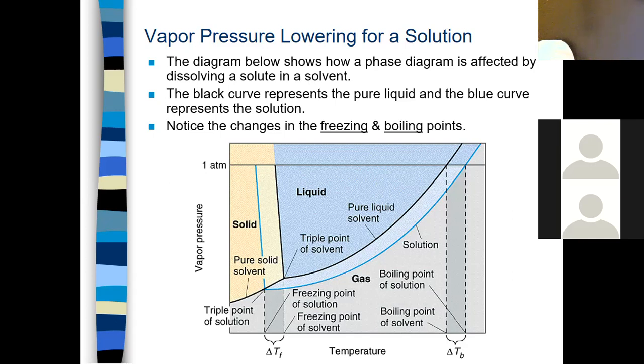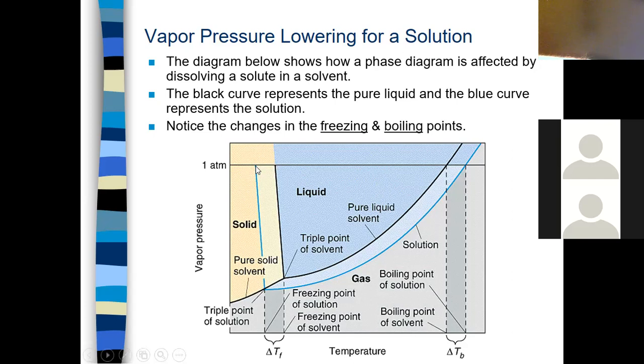Why is that important? Why is it important that the vapor pressure dropped? Well, you now get this blue curve. Go back up to 1 atmosphere and go across, and what do you notice? The normal freezing point is no longer the same as the pure liquid's normal freezing point.